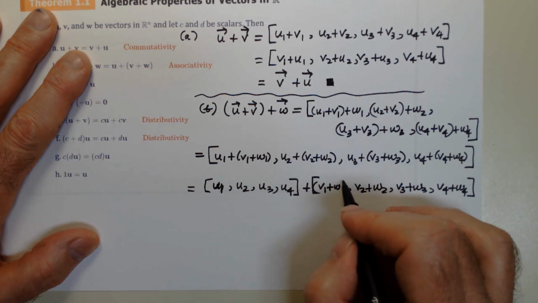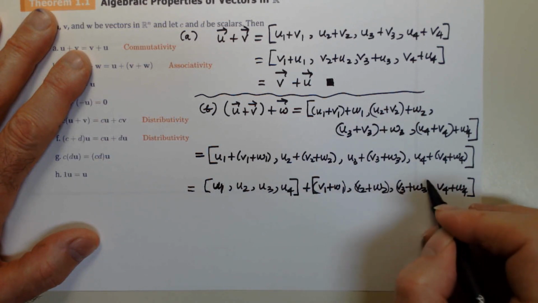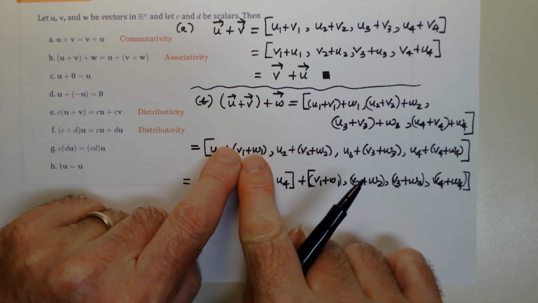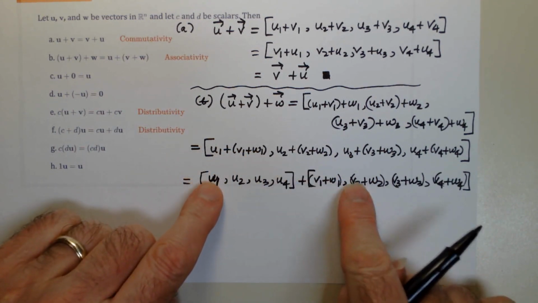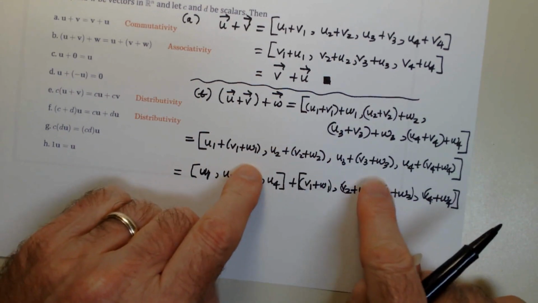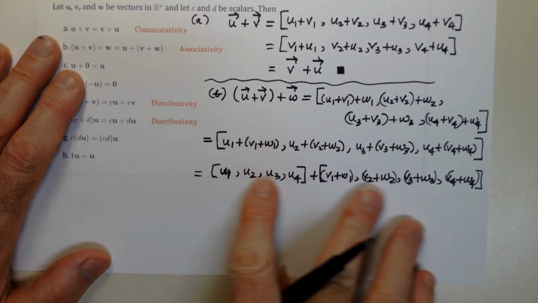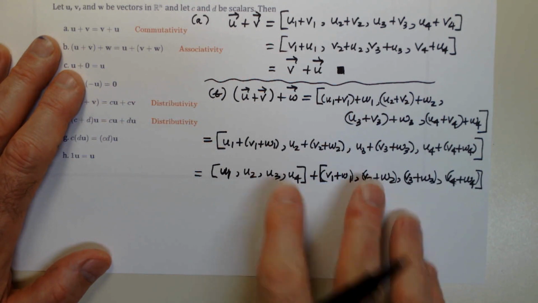I can keep the parentheses on here. It doesn't matter, but I'll put them on there just for the visual. So this is just the process of ripping these things apart component by component and realizing that I can recognize this as the result of a vector addition.